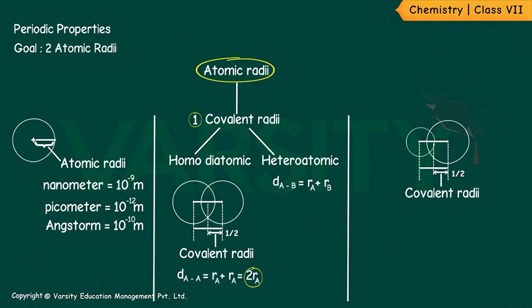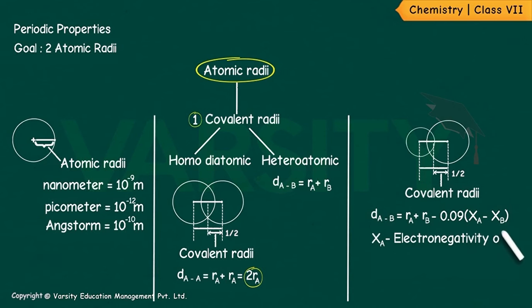Then we have a different formula, which is d(A-B) equal to RA plus RB minus 0.09 multiplied by (XA minus XB), where XA is equal to the electronegativity of A and XB is equal to the electronegativity of B. This is one way of calculating the atomic radii.